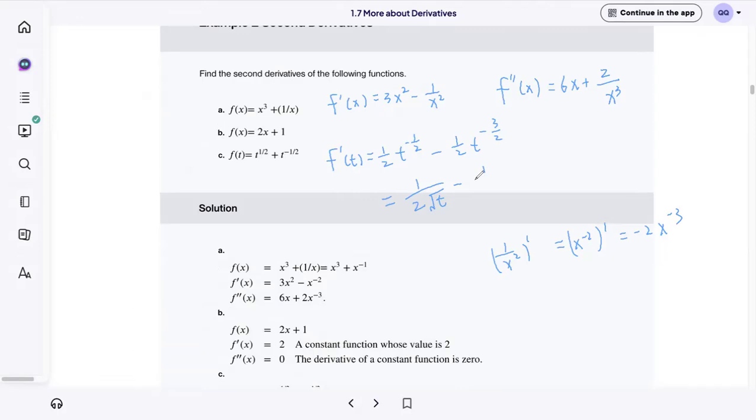Then minus 1 over 2t square root of t, because t raised to -3/2 is 1 over t raised to 3/2. That's 1 over the square root of t cubed. So we can take t out to be t square root of t.